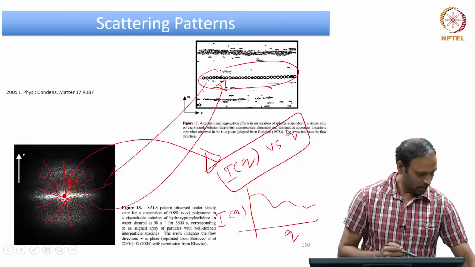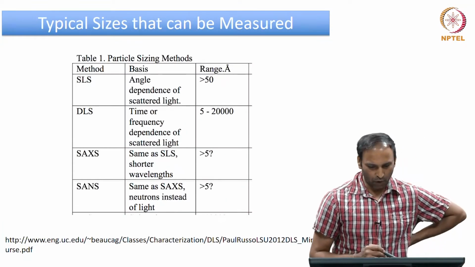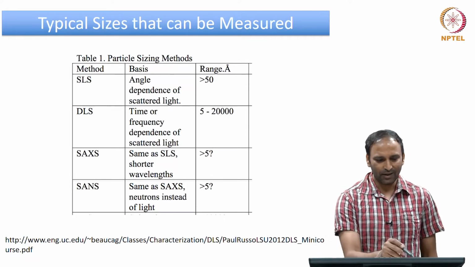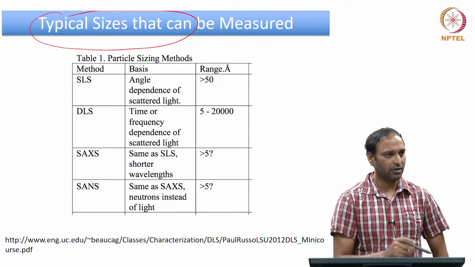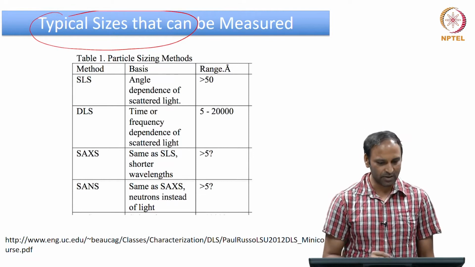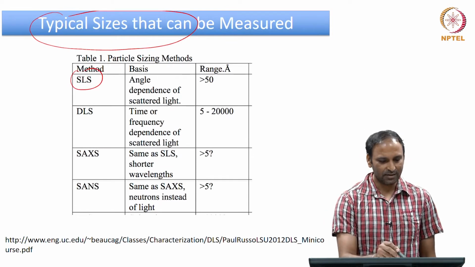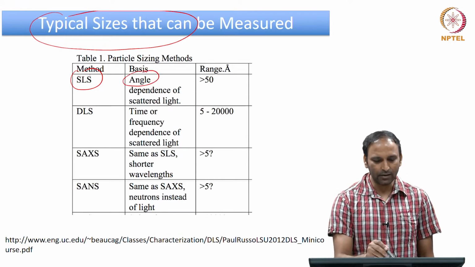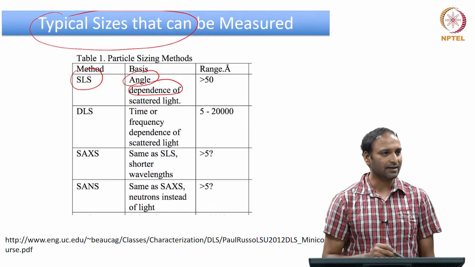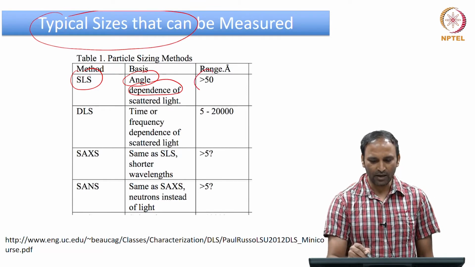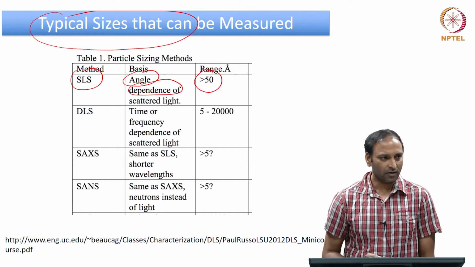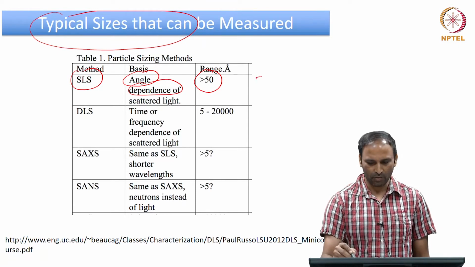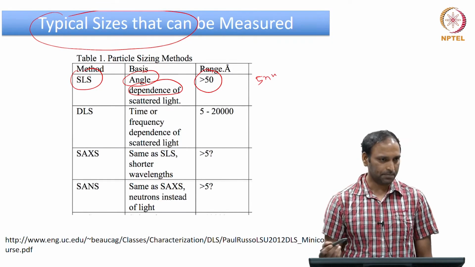So before we move on further, this will tell you something about the typical sizes that one can measure by using scattering experiments. If you look at SLS, the static light scattering, what is measured is the angle dependence of the scattered light, and typically you can measure anything of size larger than about 50 angstrom, that means about 5 nanometer and above.